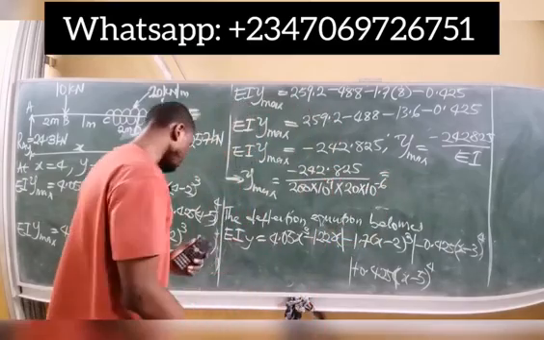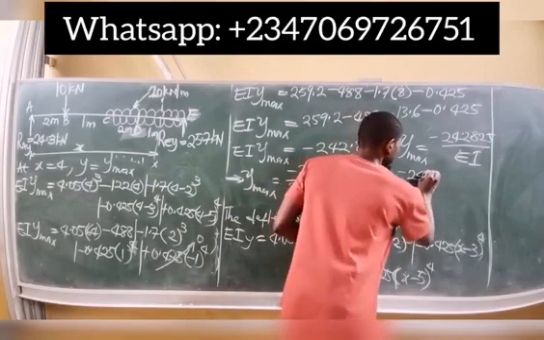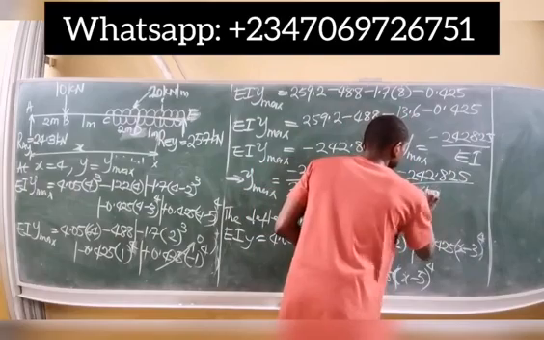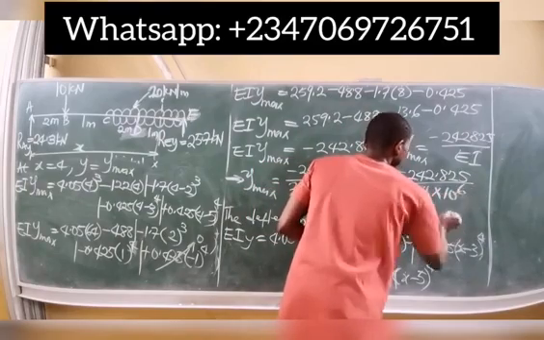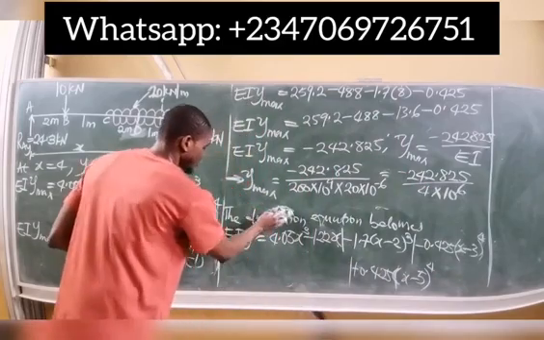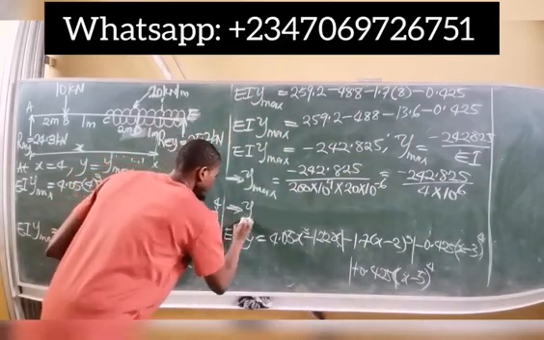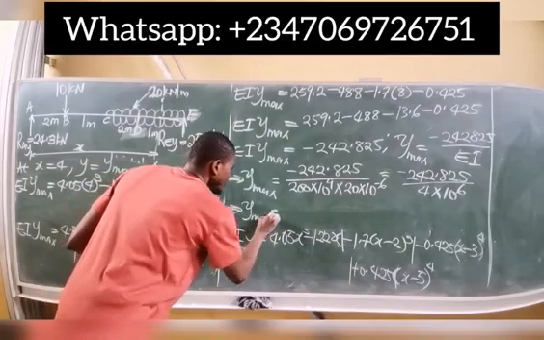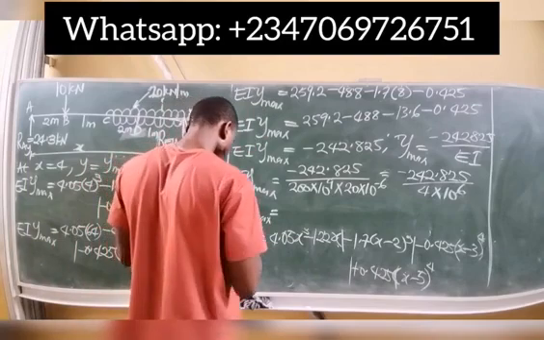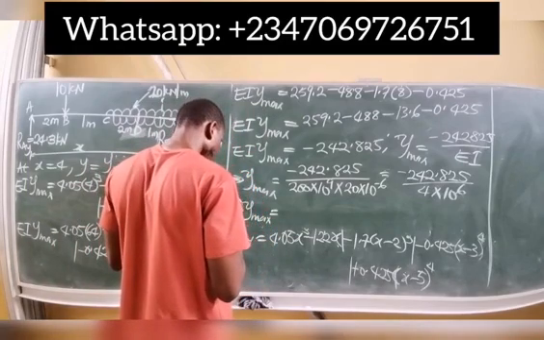And this is equal to minus 242.825 all over 4 by 10 to the power of 6. Therefore, y max is equal to minus 242.825 divided by 4 exponential 6.